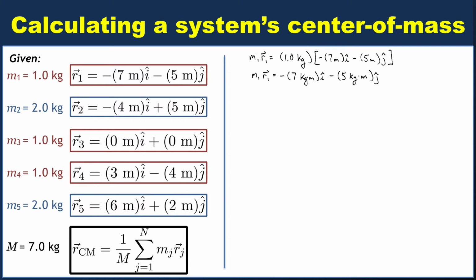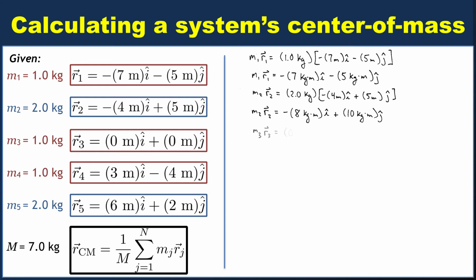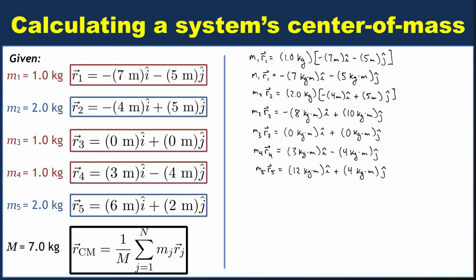Okay, M2R2, same idea, except now we're multiplying by 2 kilograms, so we get minus 8 kilogram meters I hat plus 10 kilogram meters J hat, and it's going to be the same story for the other 3 masses. Here's M3R3, that's at the origin, so it's still 0, 0. M4R4, and M5R5. The only challenge in computing these numbers is making sure that you remember to multiply it by the mass, and that's particularly important when the mass is not 1 kilogram.